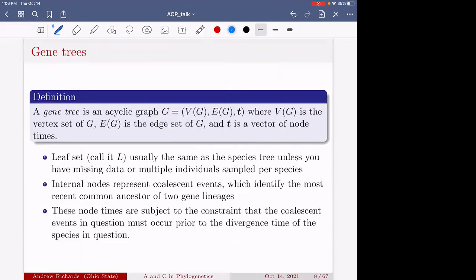However, with the gene tree, the internal nodes represent coalescent events, where the coalescent event is the most recent common ancestor of a pair of gene lineages. And these coalescent event times are subject to the constraint that the divergence must occur prior to the divergence time of the species in question.